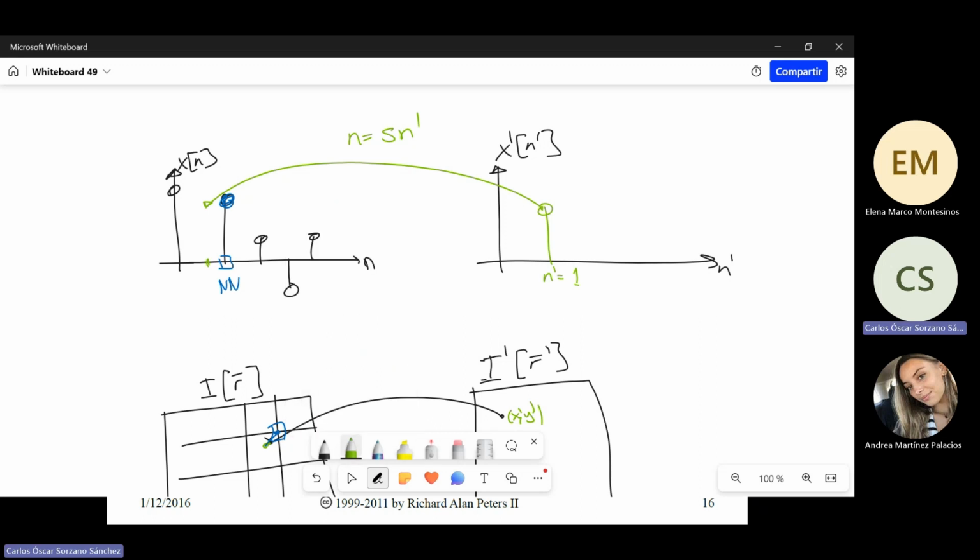What if I do something more intelligent? What if I join these 2 points by a line, and then I evaluate this line at this location? This would be more accurate.